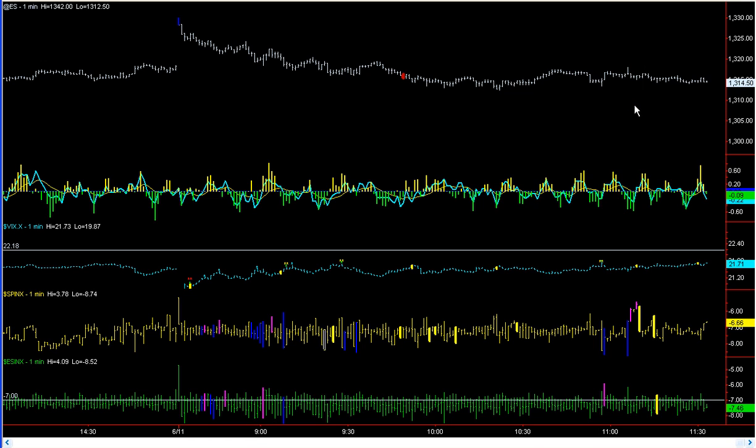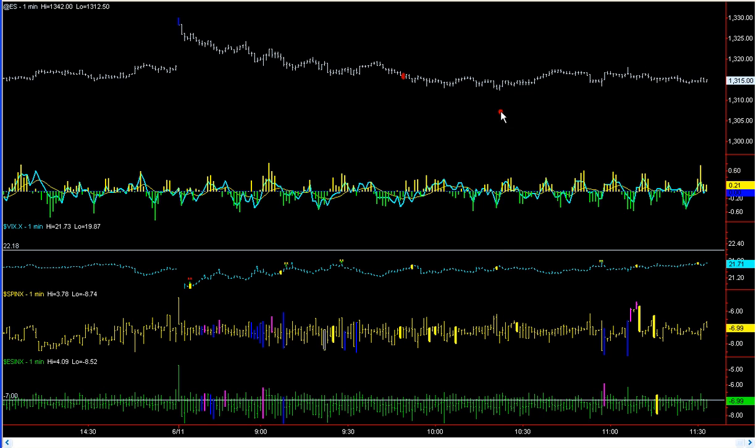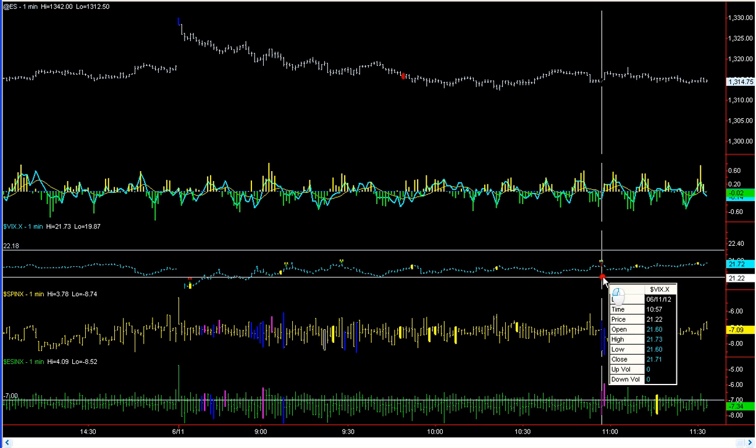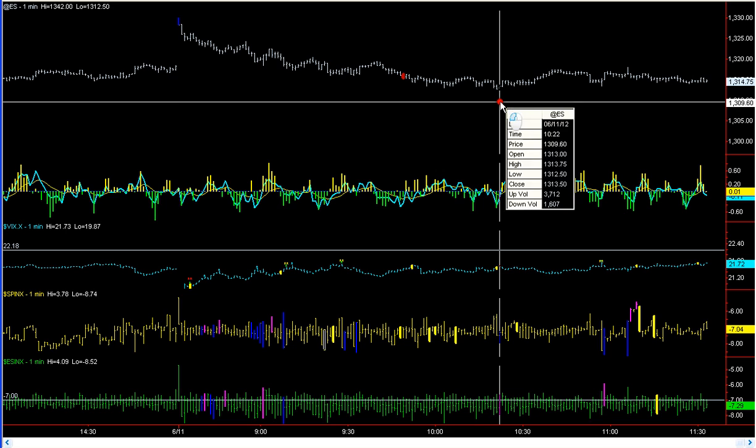And we're still of the opinion that we're going to continue to drop. And one of the reasons we know that, the low so far was at 1250. The VIX is continuing to trend up. 90% of the time, the VIX will be at a new high when you hit a new low.